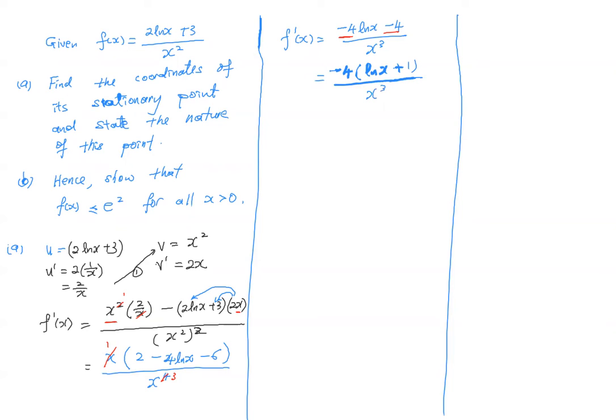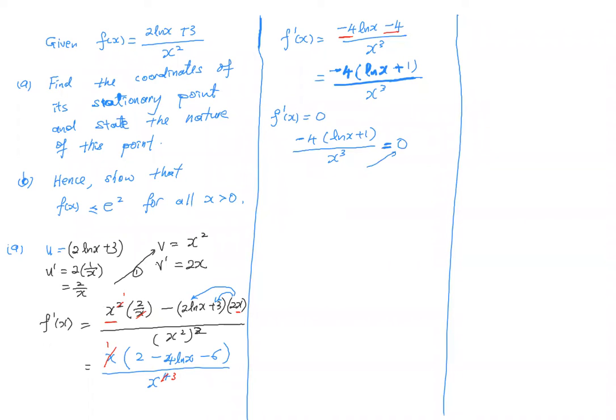Okay, so therefore, stationary point means f prime x equal to 0. So negative 4 (ln x plus 1) over x cubed equal to 0.